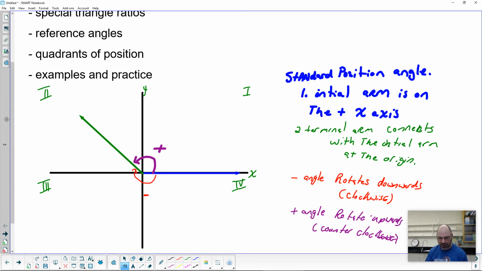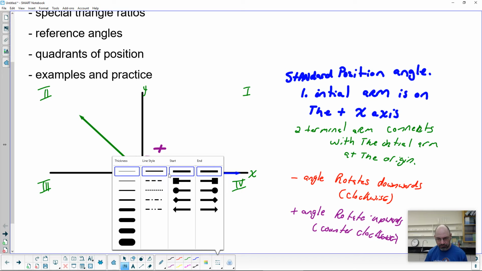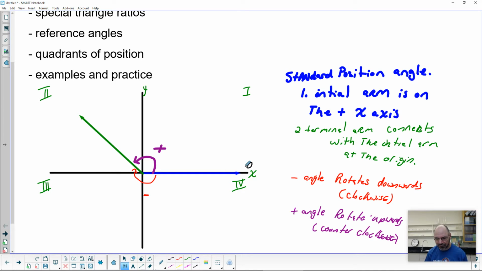So if we take a look at it, we know from experience, if I go to black here, and circle knowledge that we have, that 0 degrees is up here, this is 90, this is 180, 270, and then it comes back to 360. Now if they were going to do one that went more than 360, they would wrap it all the way around.